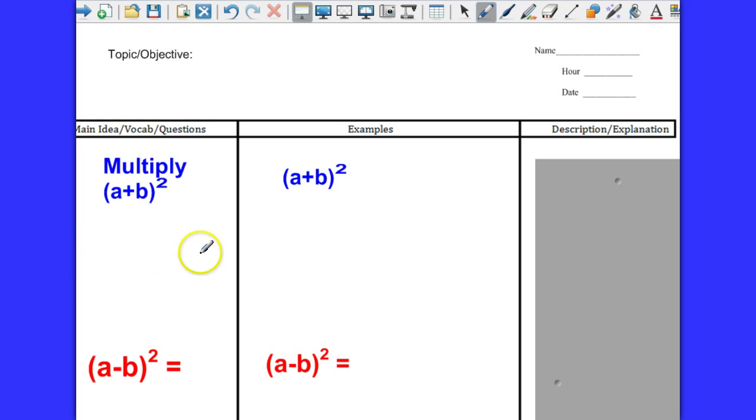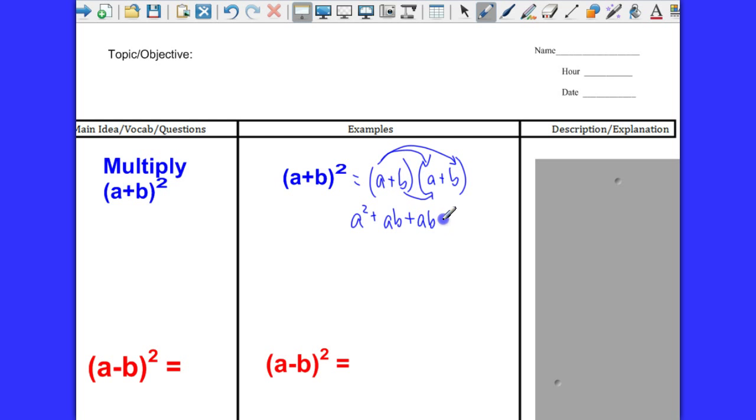We've got two questions here we're going to work out next. Let's do the first one. Copy that down. Let's just say we have a plus b squared. Based on what I just said, that means we have the quantity a plus b times the quantity a plus b. If we did our multiplication trick here, we have a squared plus a times b, which is just written ab.